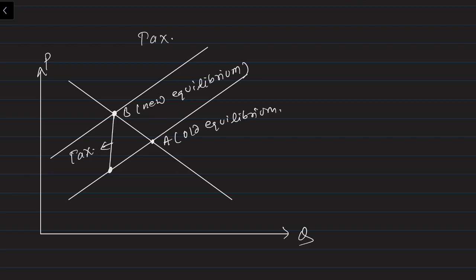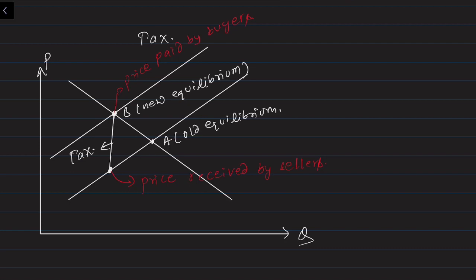So this is the price paid by buyers. And what is the price received by sellers? So this is the price received by sellers. Okay.